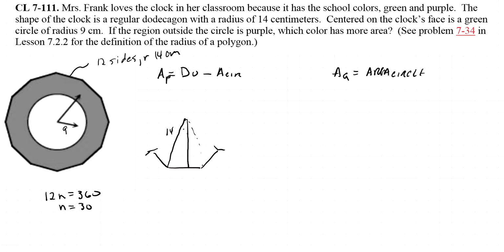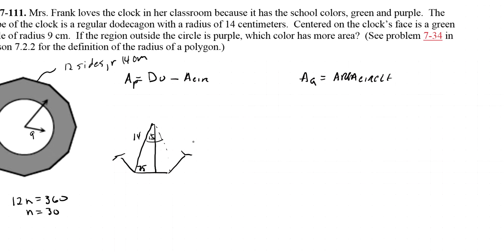That tells me that each of these angles here is 30, and then half would be 15. So that's 15, and then we know if that angle's 15, then this angle right here is 75.